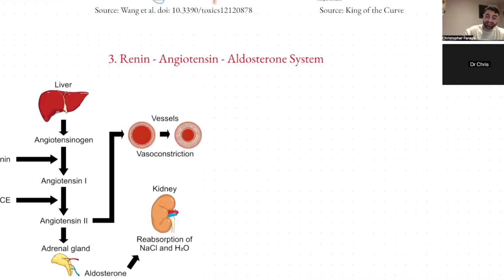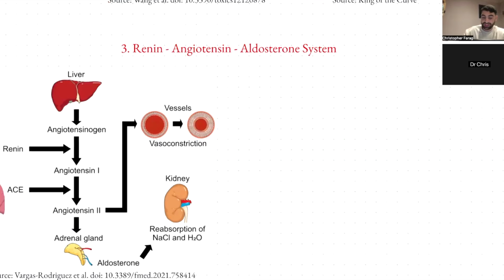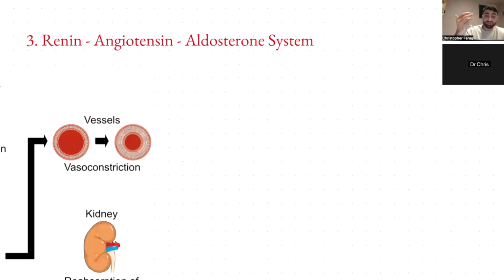All right, so let's start with renin. We need to understand how renin is produced in the first place. Renin can be produced in one of three ways.